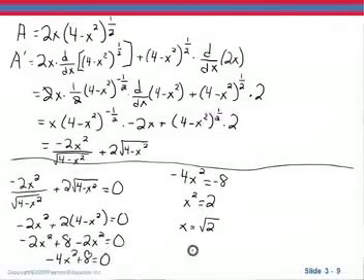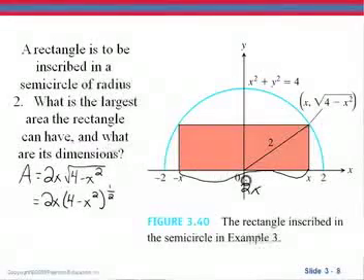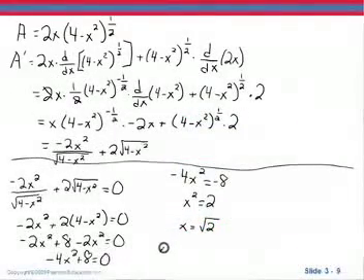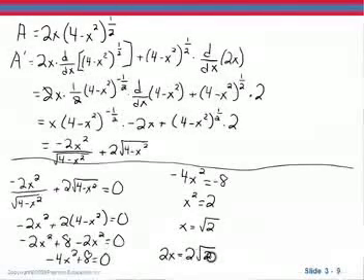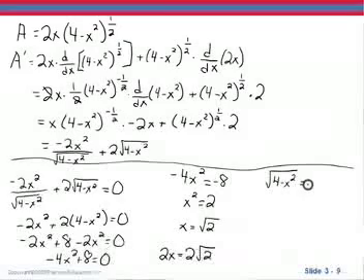Now, the actual base of our rectangle, since x is the square root of 2, is 2x. So one dimension of the rectangle is going to be 2 square root of 2, because it's 2 times x. Now the other dimension of the rectangle was the square root of 4 minus x squared.